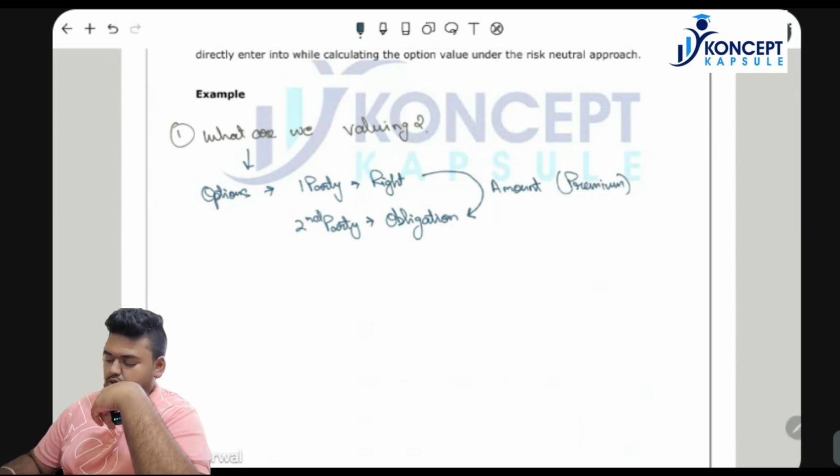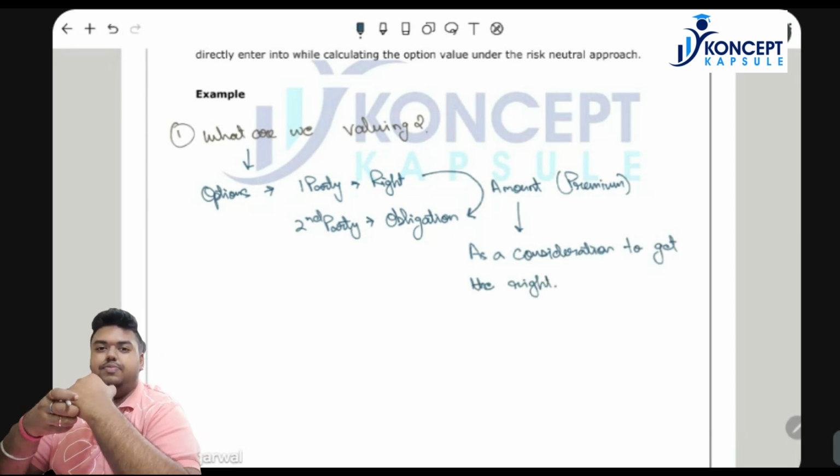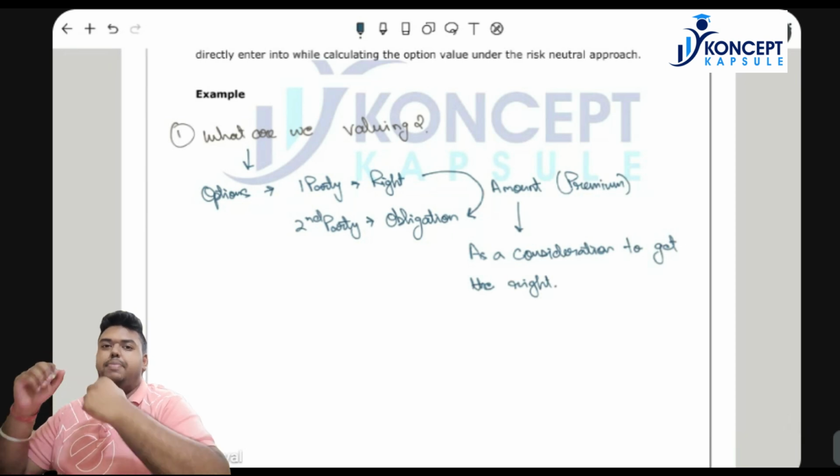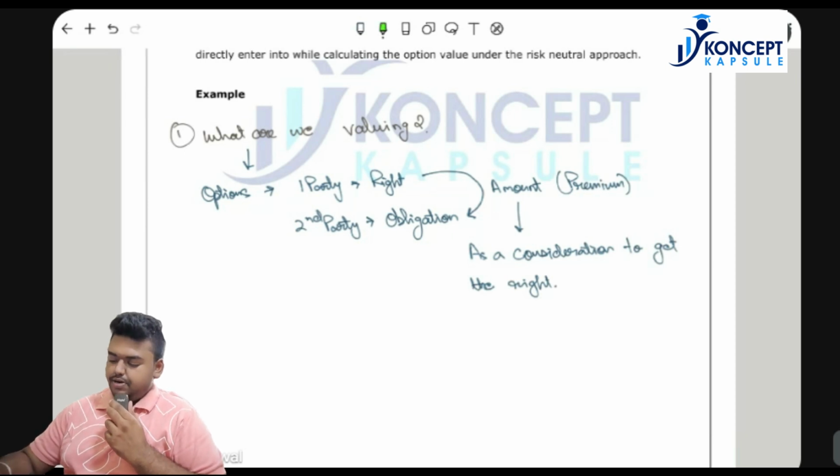That amount was as a consideration to get the right. Guys, yes or no? Are we clear till this point? The amount which was being paid by the party who was getting the right to the party who was getting an obligation was in exchange for a consideration of getting the right, and we had termed it as premium.